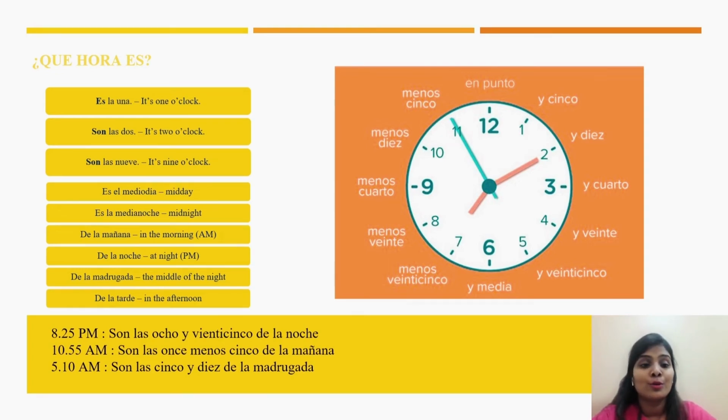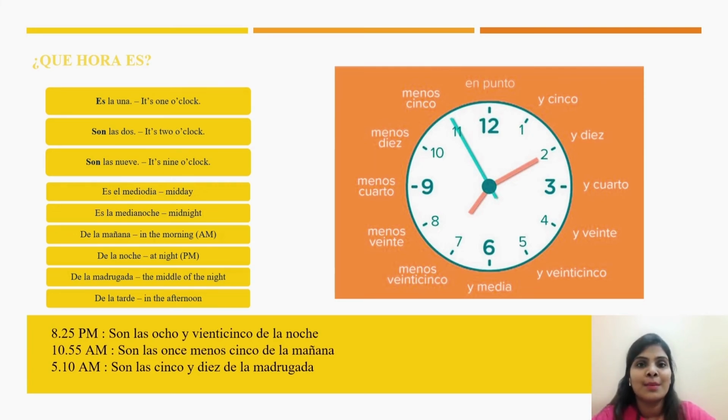And you can also mention de la tarde, so after 12 in the afternoon to somewhere around 4 or 5 in the afternoon, you can always say de la tarde. And we've already said AM and PM. AM de la mañana, PM de la noche.